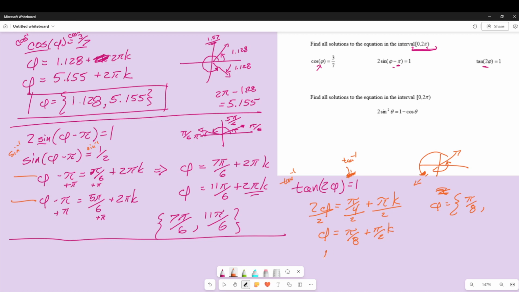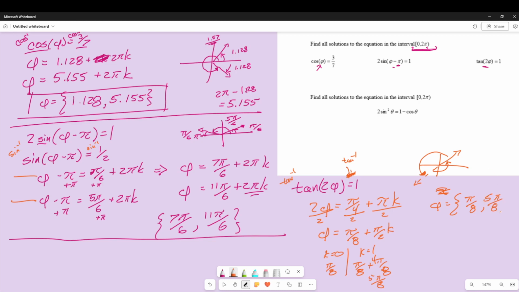So for k equals 0, we're certainly going to get pi over 8, but when k is equal to 1, we're going to get pi over 8 plus pi over 2, and get some common denominators, multiply by 4, and we get 5 pi over 8, and 5 pi over 8 is certainly also within our interval.